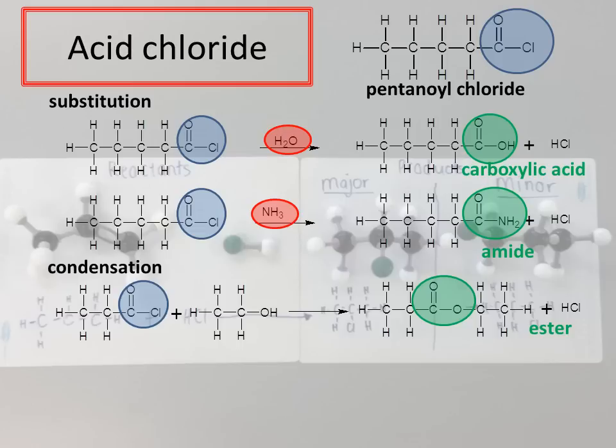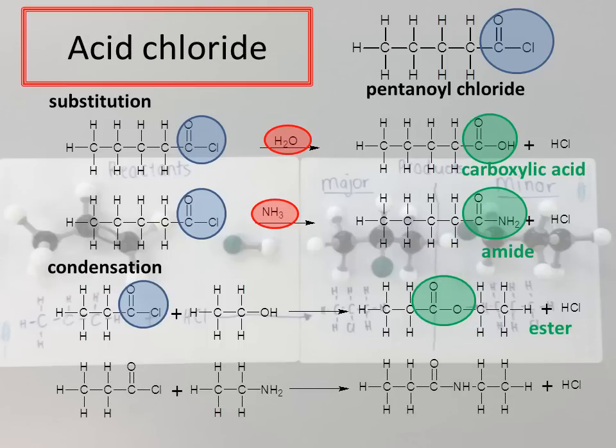Okay, another type of condensation reaction that acid chlorides readily undergo are reactions with amines, to make a secondary amide. So this reaction happens really easily. Incidentally, a carboxylic acid will not react with an amine in the same way.